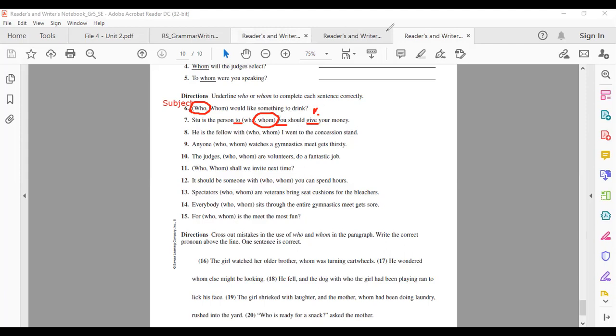Number 8, Jana. Yes, number 8 for you. He is the fellow who or whom I went to the concession stand with. So who or whom? Search for the verb right here. Where is the verb?